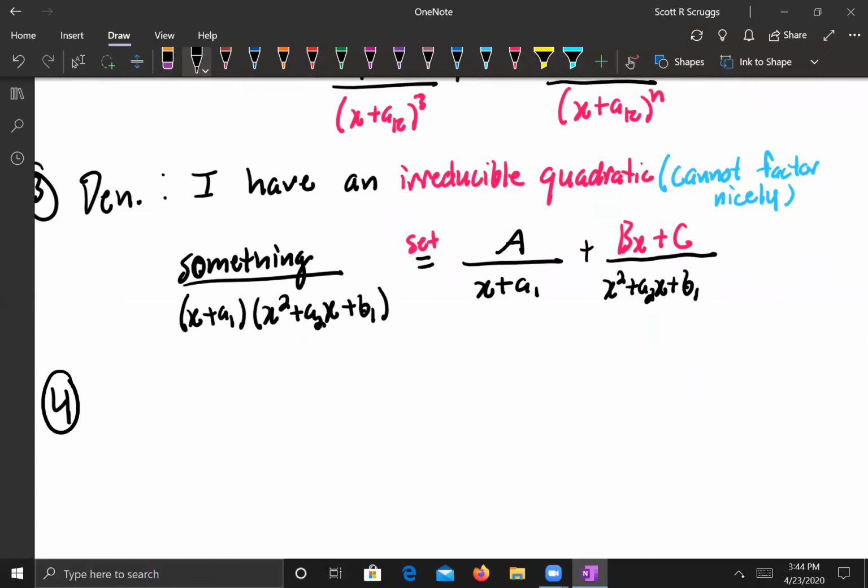Case 4. Case 4 is the least common because of how nasty it is. And that is if my denominator has an irreducible quadratic, there you go, but I have repeats.